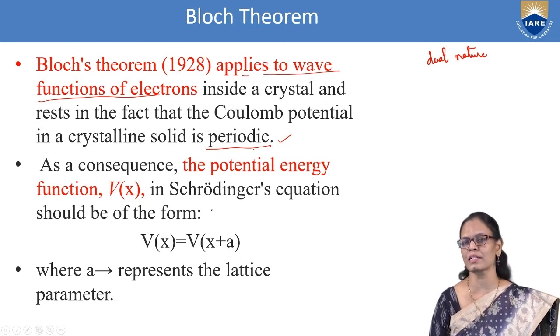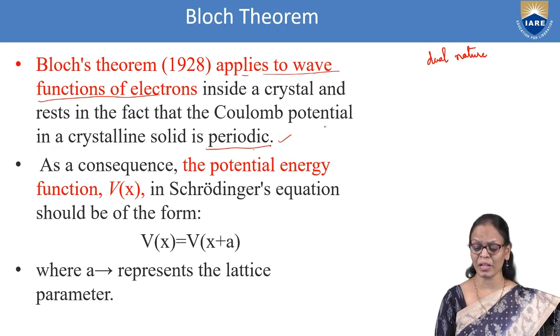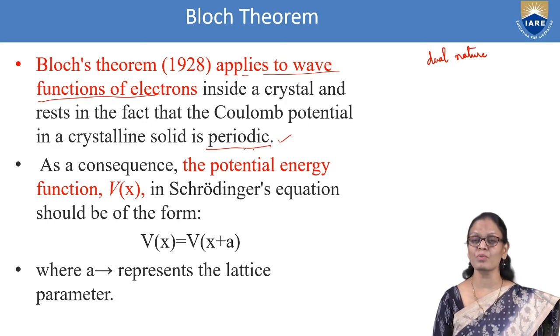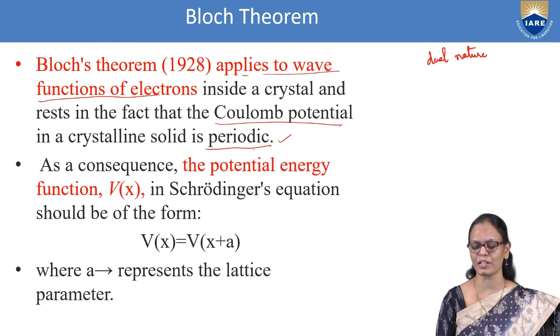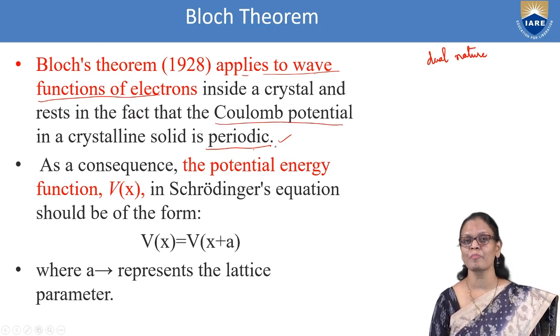Because it is the electron that is moving, it exhibits wave nature. So when it is exhibiting wave nature and its potential is periodic, how do we incorporate this? He is resting on this concept of the Coulomb potential, which is periodic.